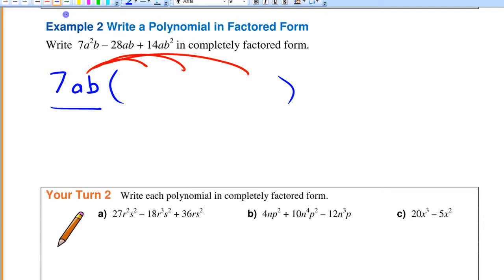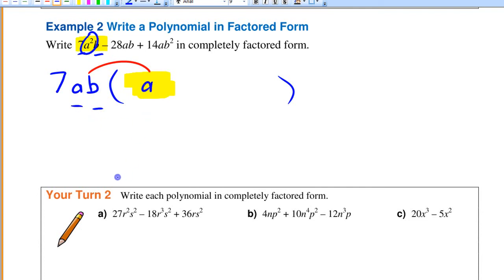So think about it here. 7ab, let's do one thing at a time here. 7ab times what gives you this? Let's highlight it so we know what we're doing. If I want to do that, what term needs to be here? Well, I've already got the 7 here, and I've already got a b, but I need a squared, and I only have a. So this has got to be an a here.